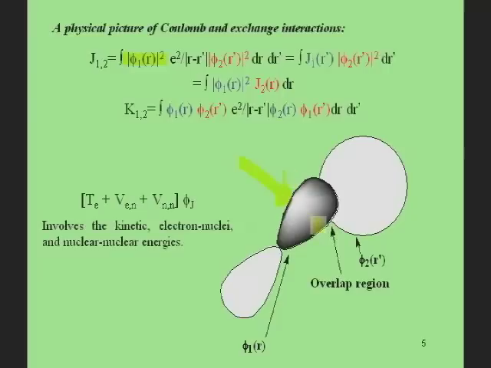reside, then the square of this cloud is the probability density in space of finding me at various points in space. Phi 2 of r prime squared, with Monica being r prime, let's say phi 2 is this s orbital here. Then the square of that cloud is the probability density for finding her at various places.